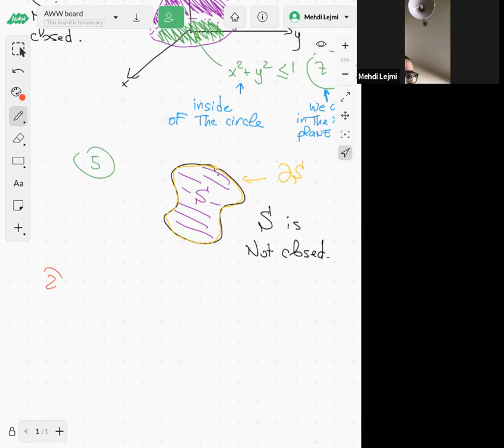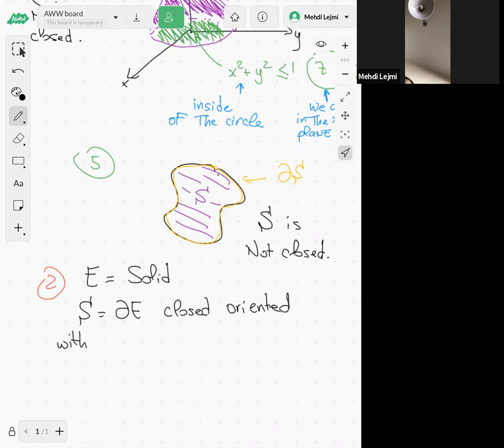E is my solid. S, which is the boundary of my solid, is closed and oriented with a normal vector pointing away from E.